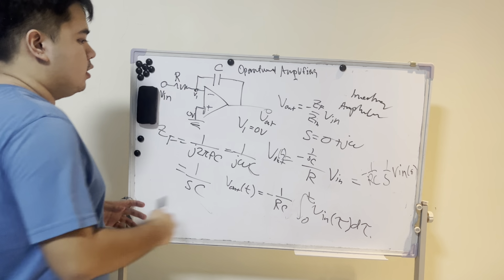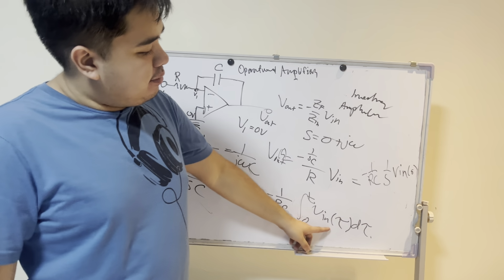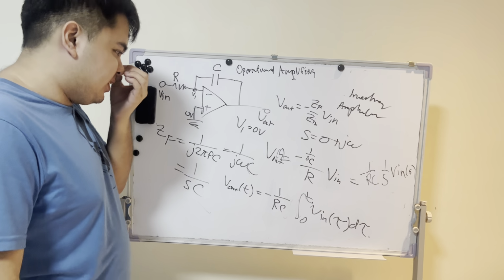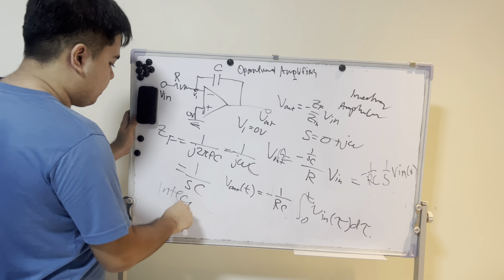So, just adding a capacitor in here, we have an integrator. This is what's called an op-amp integrator.